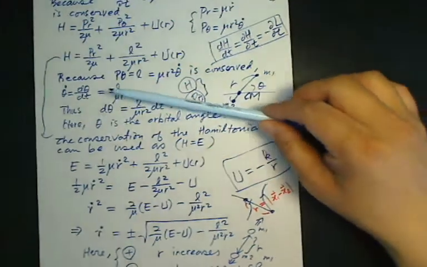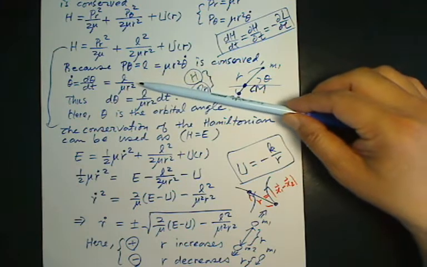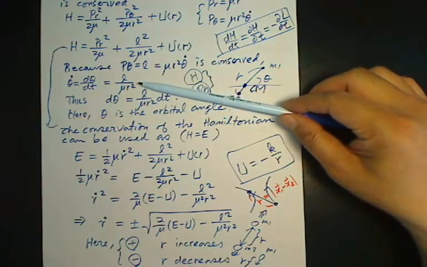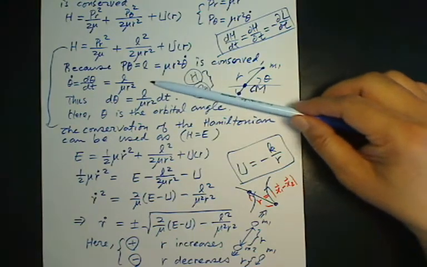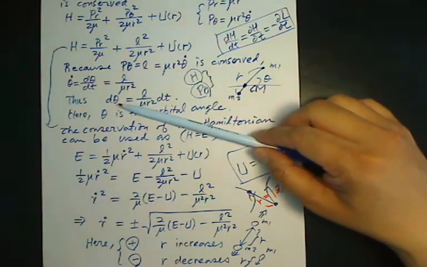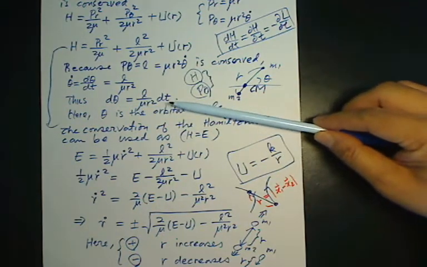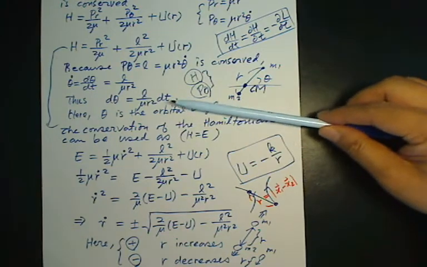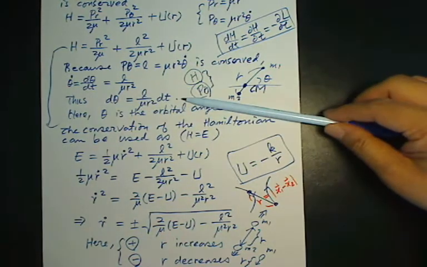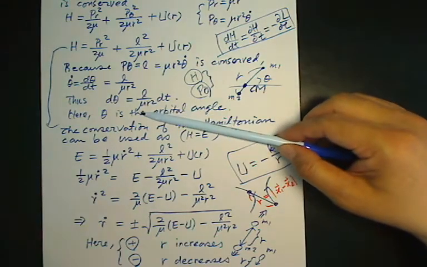All right. Orbital angular momentum conservation states that theta dot equals L, the orbital angular momentum, divided by mu r squared. Because of this, the angle change is proportional to the time change. So angle can be related to time, a one-to-one correspondence, up to a factor that is 1 over r squared.